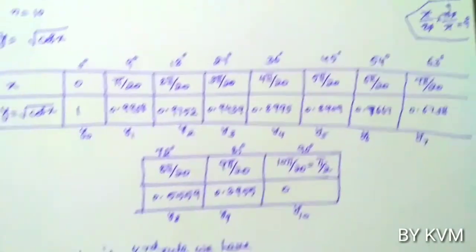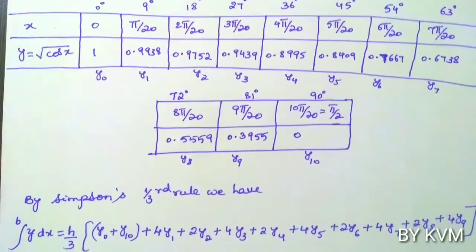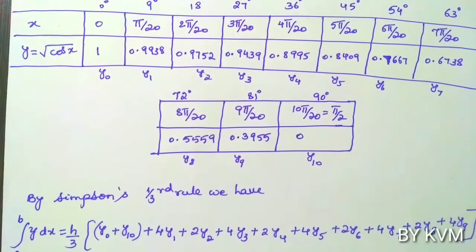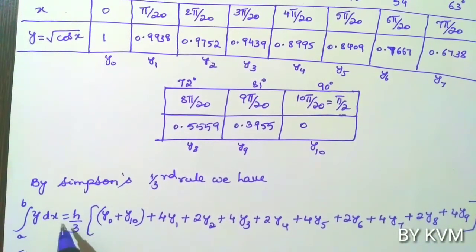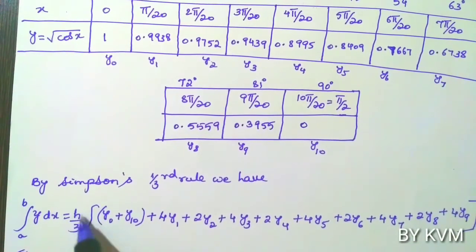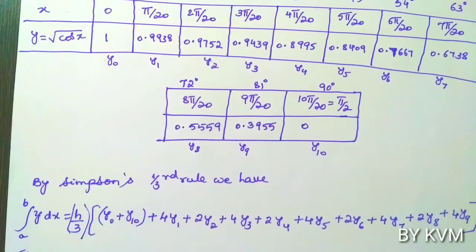Now we use Simpson's one-third rule to find the value of the definite integral. We know the formula: integral a to b y dx equals h by 3. This is very important, don't forget.